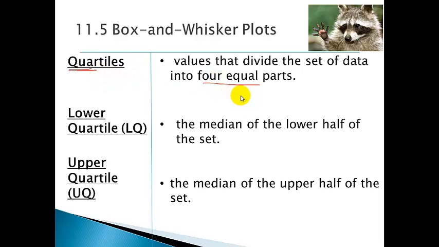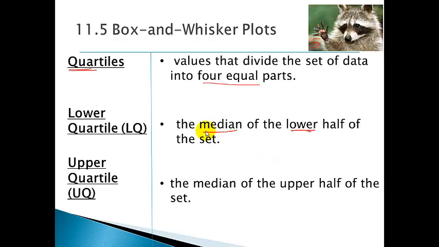The first thing, we need 5 pieces of data, and that's why I have his little hand up here for 5. We need 5 pieces of data in order to plot. So we have what we call the lower quartile and the upper quartile. So the lower quartile is the middle number of the lower half of the data set.